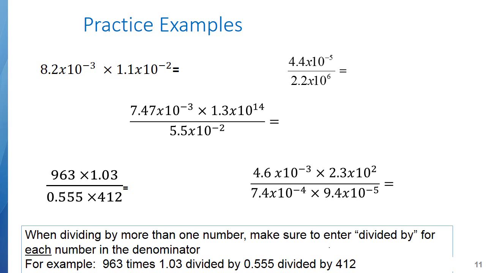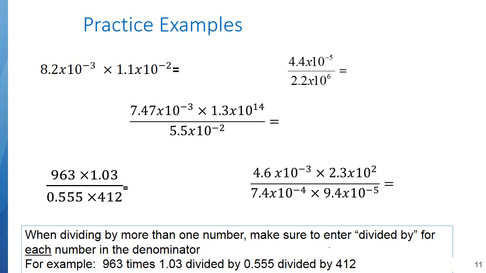So if you look at the bottom left-hand problem, if I were putting that in my calculator, I would type in 963 times 1.03 divided by 0.555, and then I would hit divided by again for 12, not multiply, because order of operations would end up taking that.